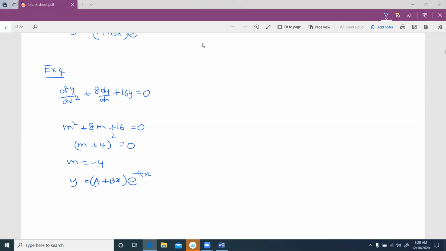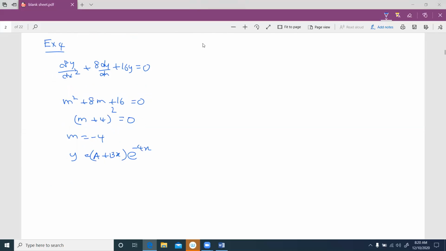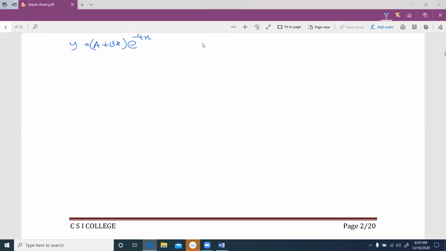Okay, now let's come to the next situation, the fourth type. Example 5: the equation is d squared y by dx squared minus 6 dy by dx plus 34y equals 0. With the same technique, the auxiliary equation becomes m squared minus 6m plus 34 equals 0.